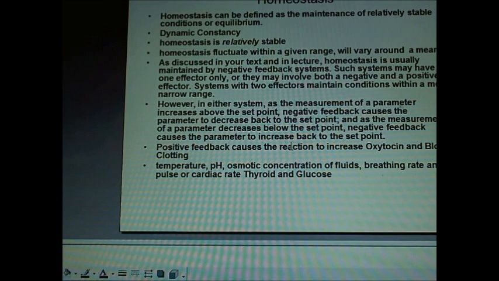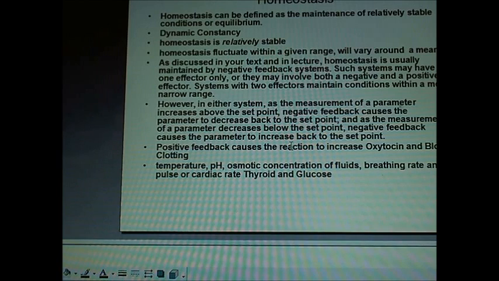If you're out in the cold and you're moving toward hypothermia, your body starts to shiver. By shivering, you use energy, and it brings your body temperature back up into the normal range. Again, that is a negative feedback system. A negative feedback system, when it is engaged, negates the reason that it was engaged for.